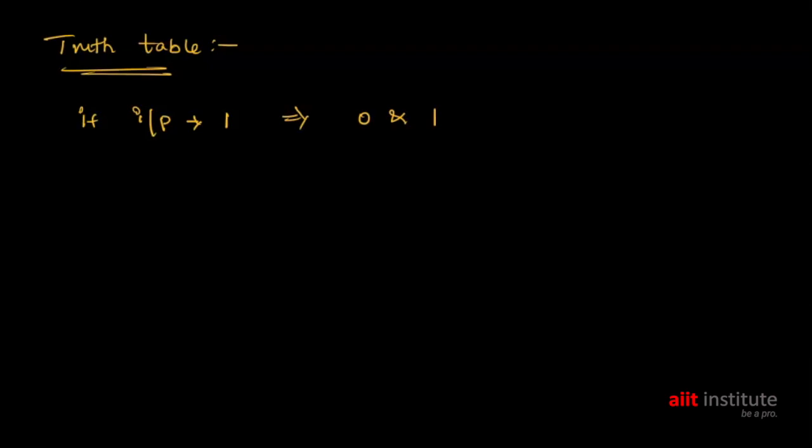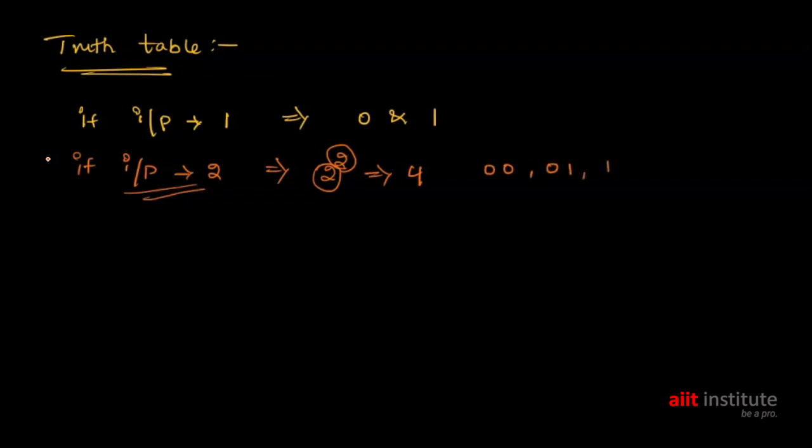But if the inputs are 2, then the possible combinations in binary will be 2 power 2, where 2 is the radix for binary and 2 is the number of inputs here. The total possible combinations will be 2 power 2, which is 4, and they are 00, 01, 10, 11.